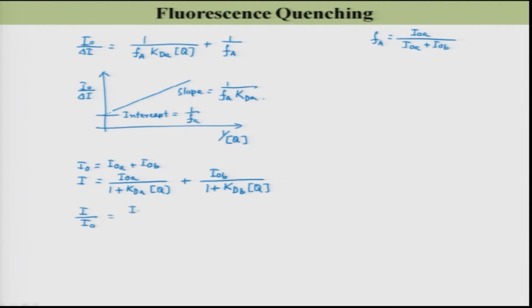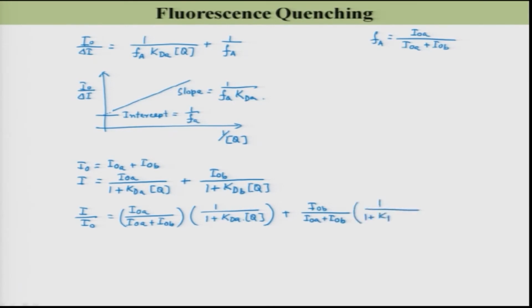You can just see later on, this will be equal to I0A divided by I0A plus I0B into 1 over 1 plus K dA into Q plus I0B divided by I0A plus I0B into 1 over 1 plus K dB into Q.